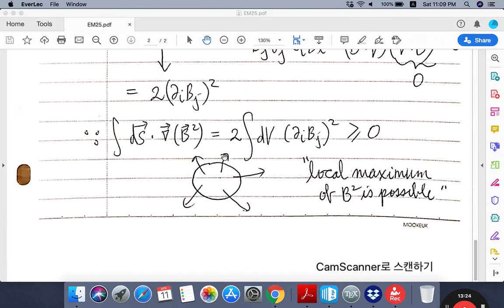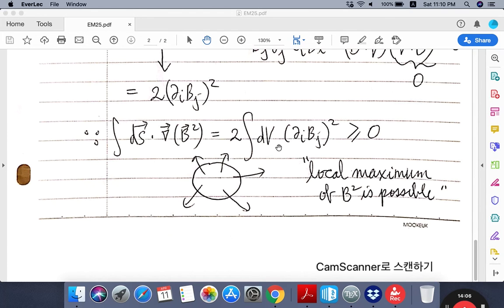So now we're almost at the end of our derivation. We started out with an expression which is some sort of flux of the gradient of the magnetic field density. And we managed to prove that this flux value is equal to the volume integral of this thing squared. But since we are integrating something which is a square, the result has to be greater than 0, or at least certainly cannot be negative.